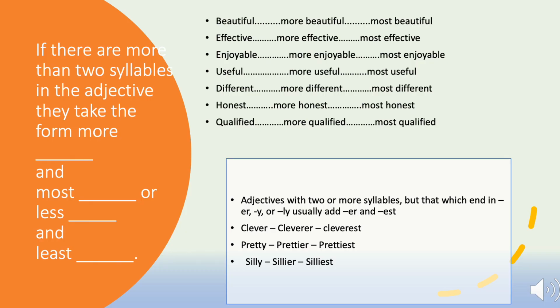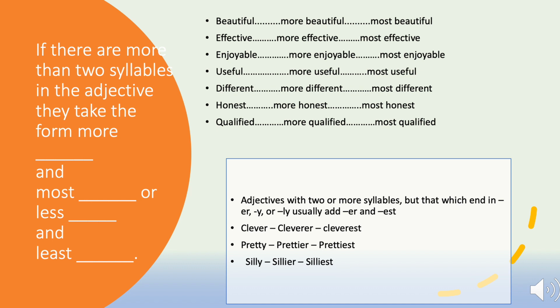If, however, the adjectives have more than two syllables, for example, a word like useful, this is a useful tip. Useful is the adjective that describes or qualifies the noun tip. So, useful has two syllables, unlike the earlier adjectives that we discussed. Big has only one vowel sound and therefore one syllable.